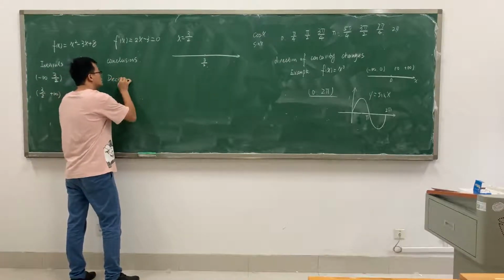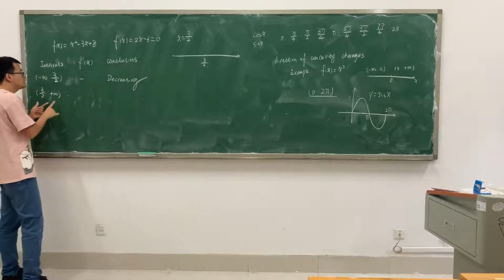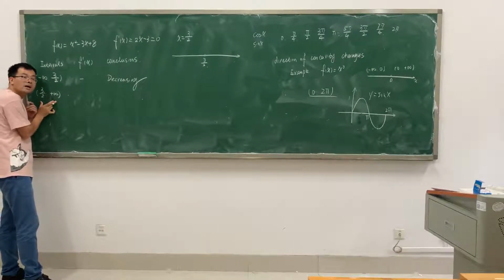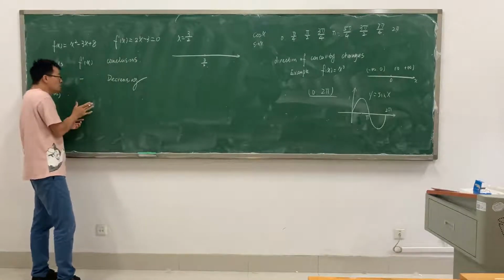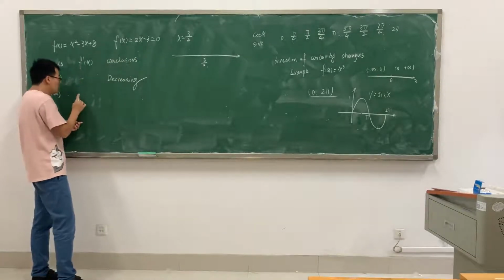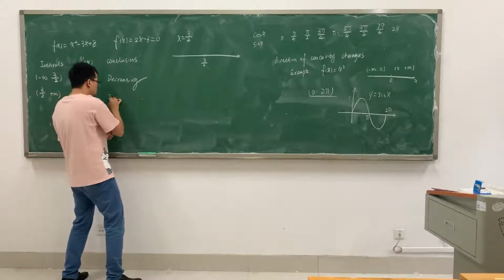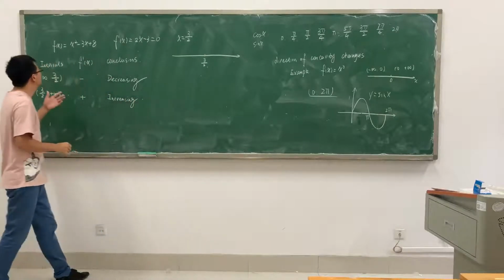And for the second interval, is 2x minus 3 positive or negative? Positive, so here is increasing, yeah? So this is the first derivative.